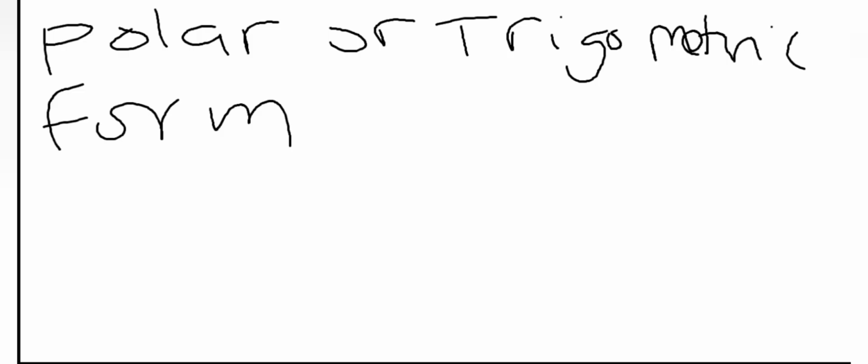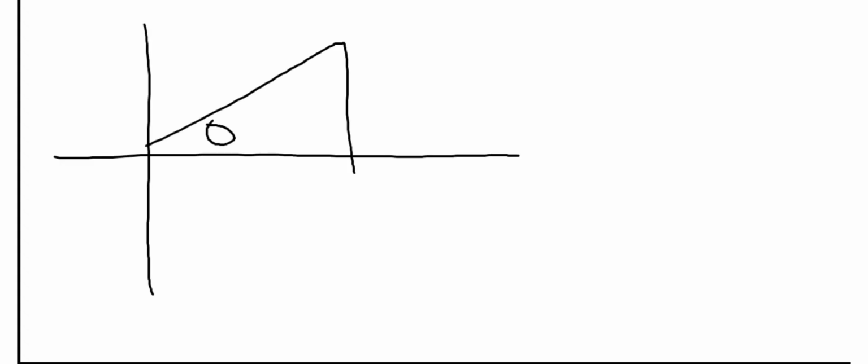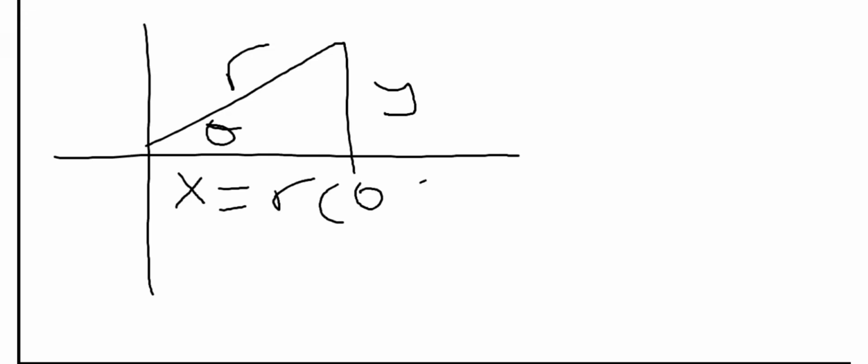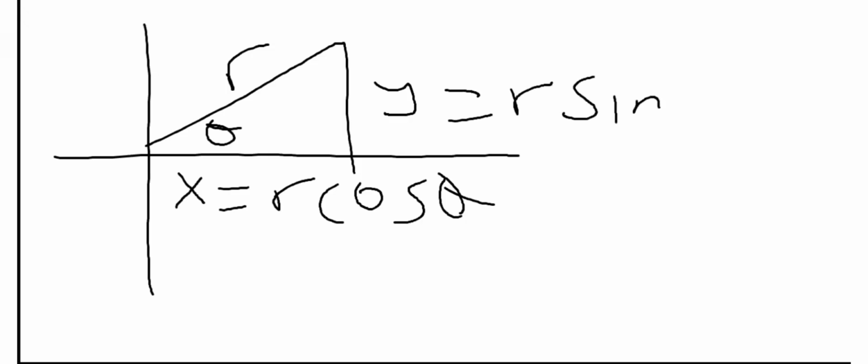What should you know when it comes to the polar or the trigonometric form of complex numbers? Here we knew that x is equal to r cos theta and y is r sine theta. So this is what we add in the polar or the trigonometric form.